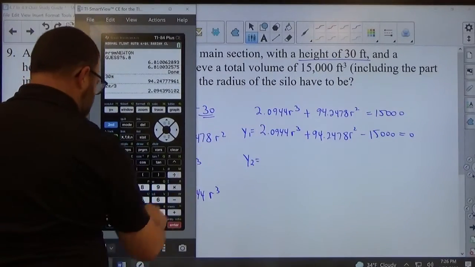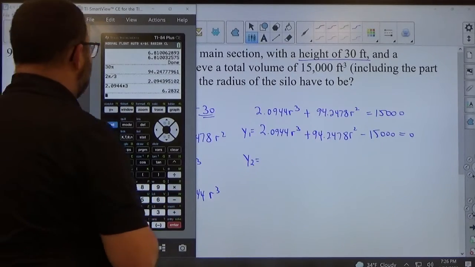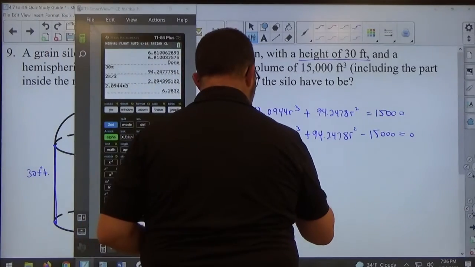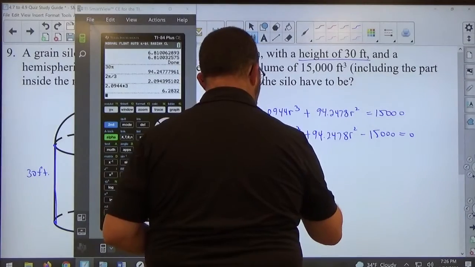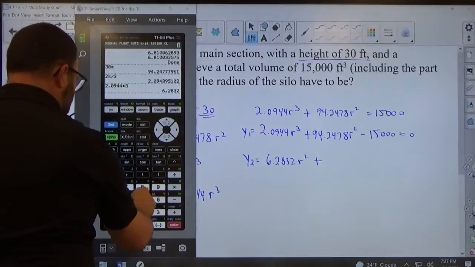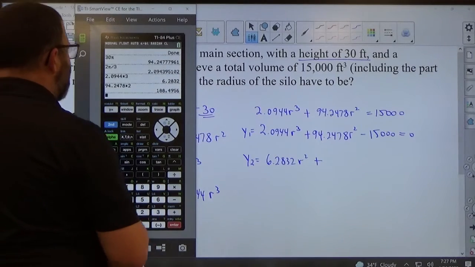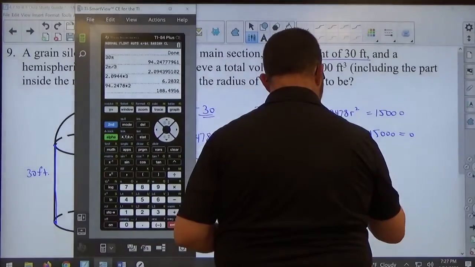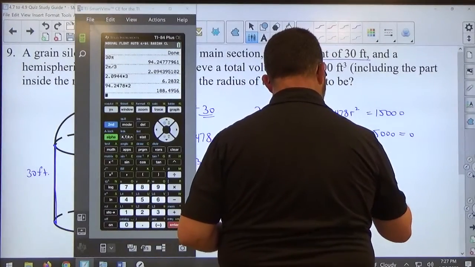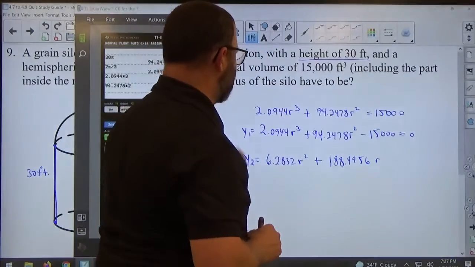So 2.0944 times 3, we get 6.2832 r squared. 94.2478 times 2 is 188.4956. That's going to be r, and then the derivative of 15,000, of course, is 0.